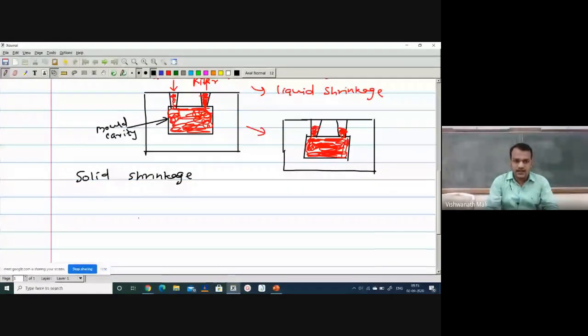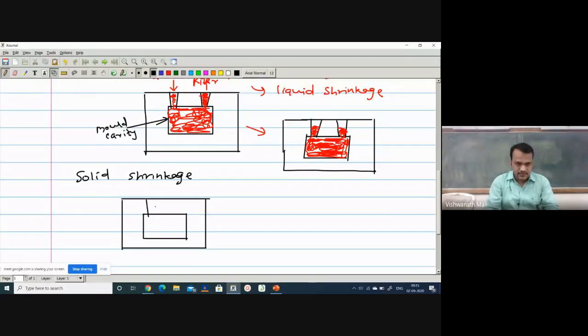In solid shrinkage, the dimension gets changed. Now see how its dimension gets changed.